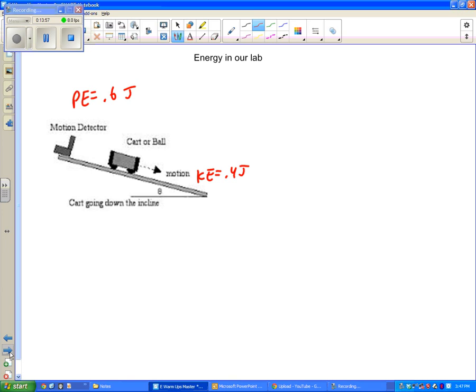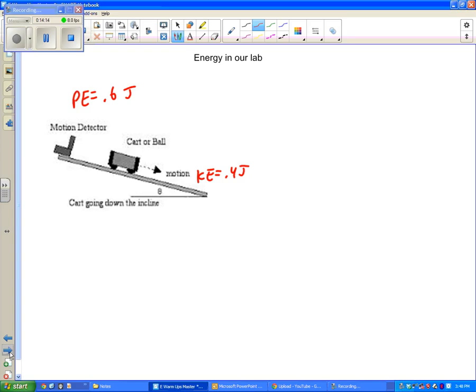And every single person in this class had a bigger number for their potential energy at the top than the kinetic energy at the bottom. Every single person should have had a higher potential energy than kinetic energy.